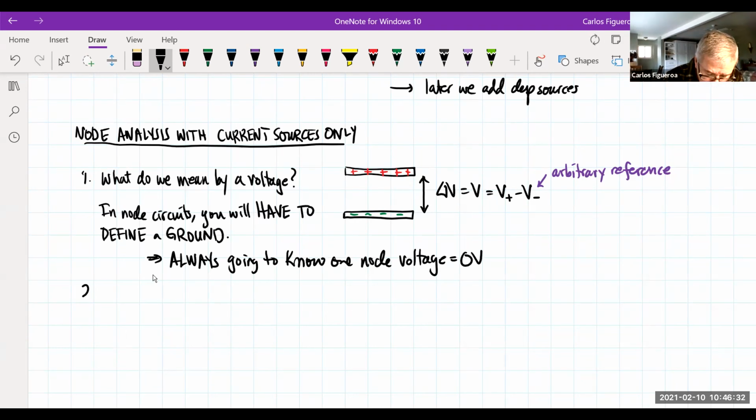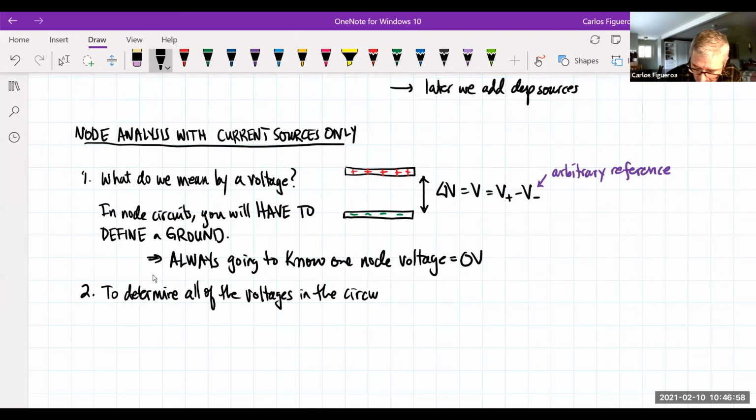So that means that if you want to calculate everything in the circuit, you're going to need to know all the node voltages. So to determine all of the voltages in the circuit, all node voltages must be calculated.